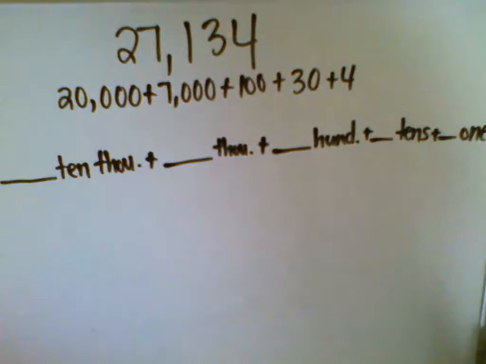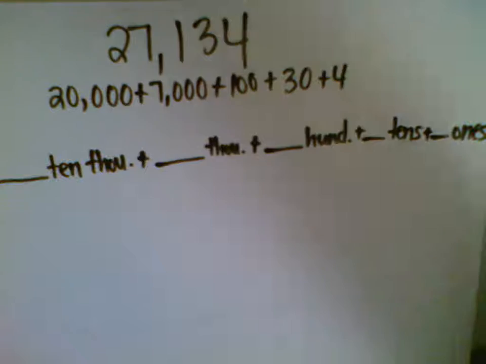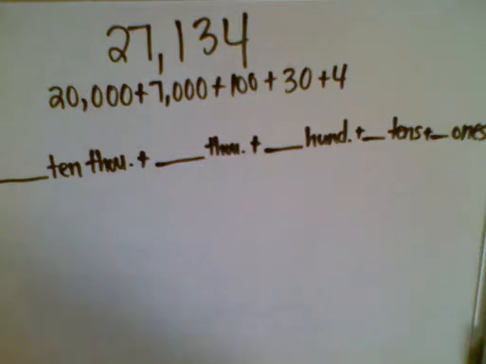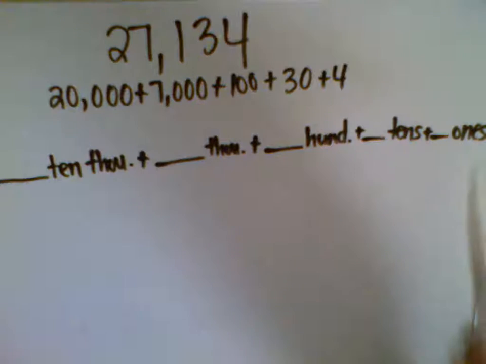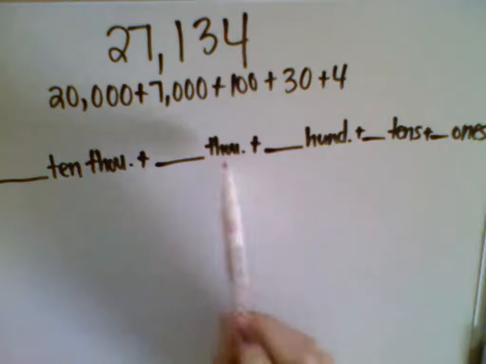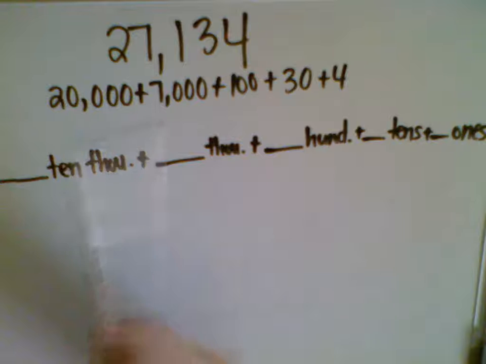And hopefully that all fits on the screen right there. Okay, so in these blank spots, they're asking how many ones, tens, hundreds, thousands, and 10,000s that we have in this number.